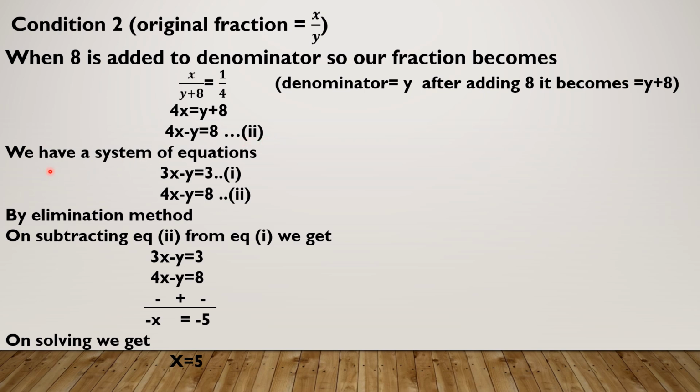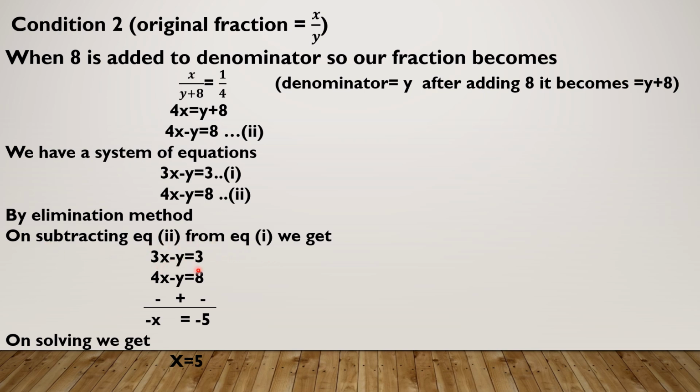Now on solving the previous conditions, we have a system of equations: 3x minus y equals 3, which we considered as equation number first, and 4x minus y equals 8, which we considered as equation number second. Now by the elimination method, we subtract equation number second from equation number first.